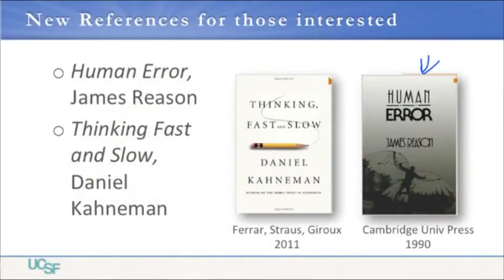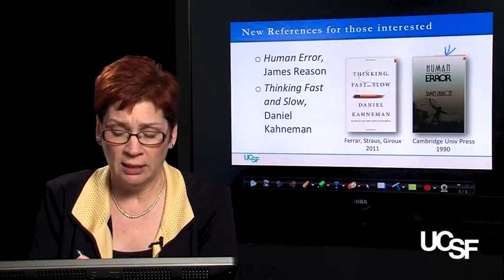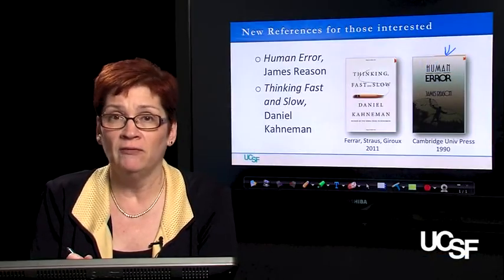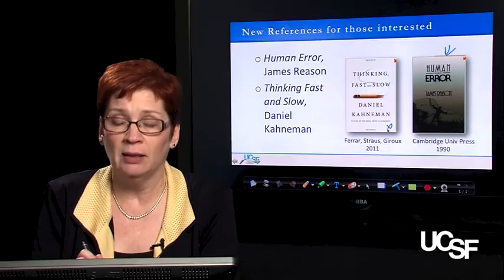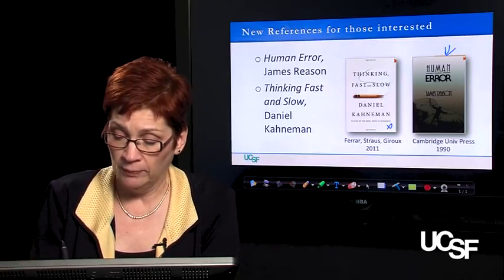And the second is a more recent book by Daniel Kahneman in the lay press known as Thinking, Fast and Slow, and that talks a lot about how we make decisions in a really dynamic environment. Both of them are very interesting. This one is a little bit easier to read, but if you're interested, I'd recommend both.